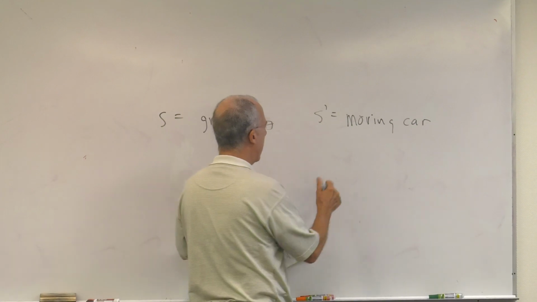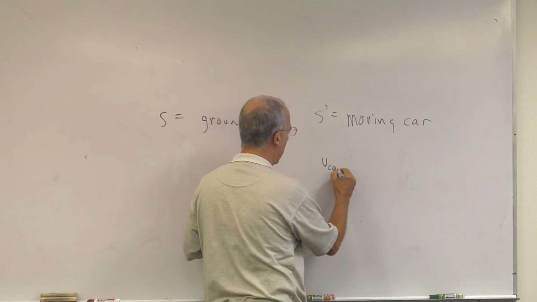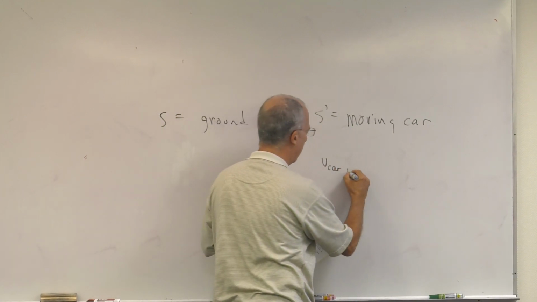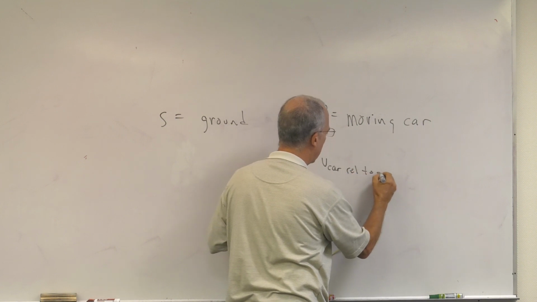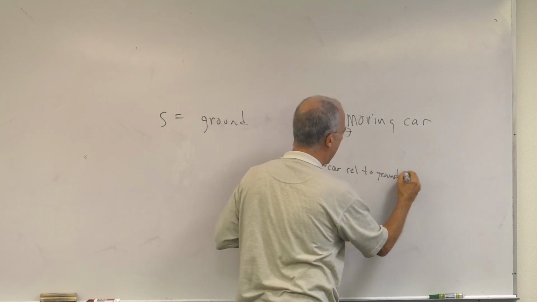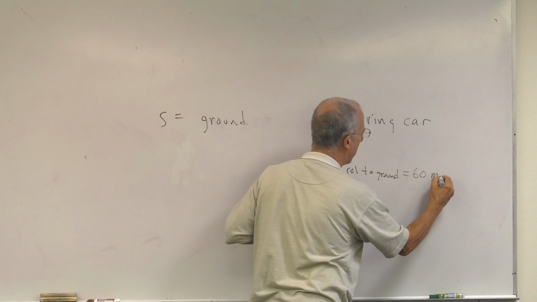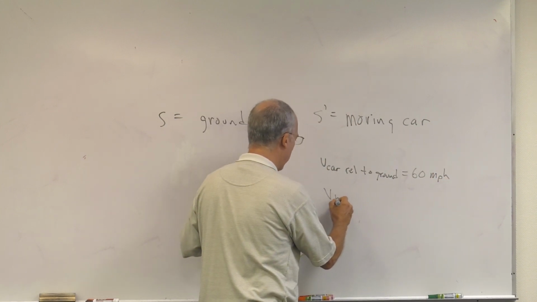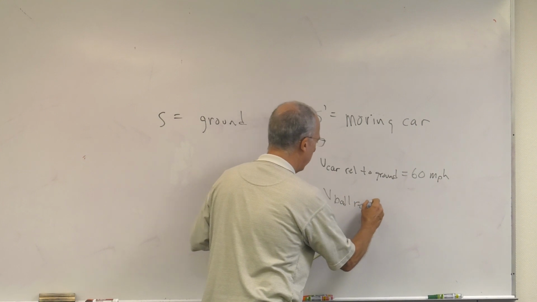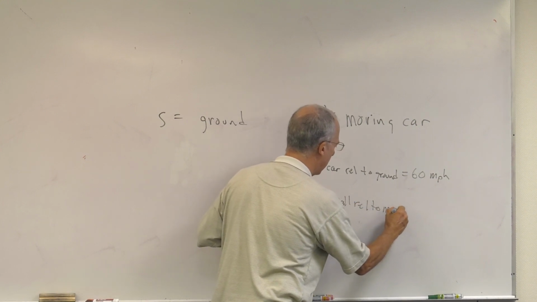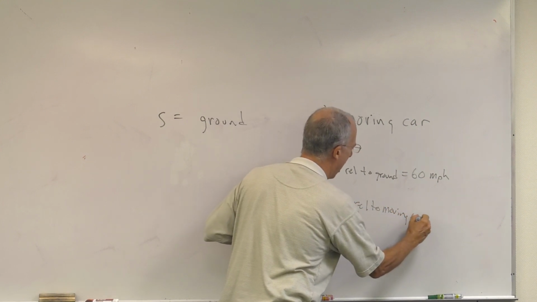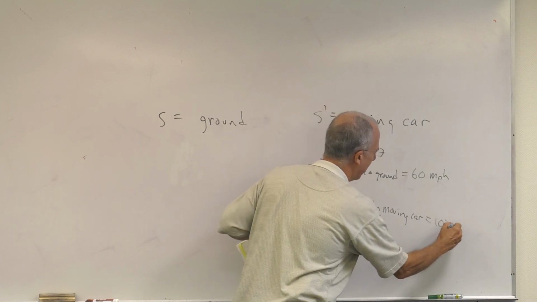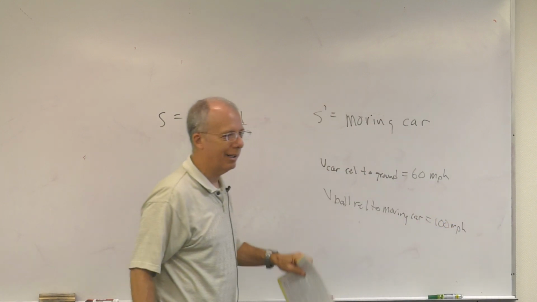Let's say that the velocity of the car relative to the ground is 60 miles per hour, and the velocity of the ball relative to the moving car is 100.